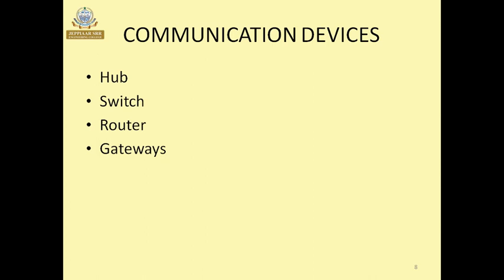These are communication devices: hub, switch, routers and gateways. Because we said LAN cable, how is the LAN cable connected? With the help of these communication devices. Because when we handle systems, we cannot complete the connection only with the help of the cable.